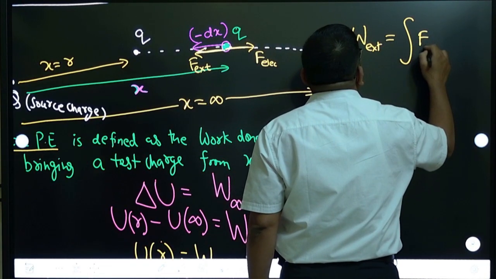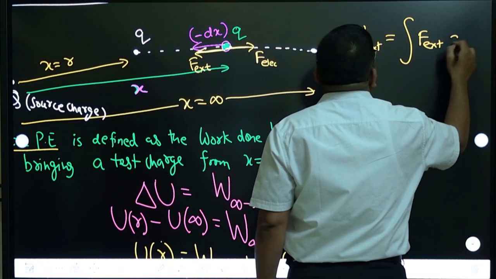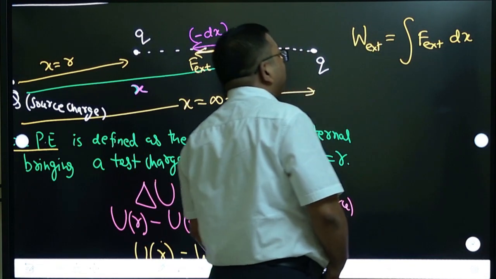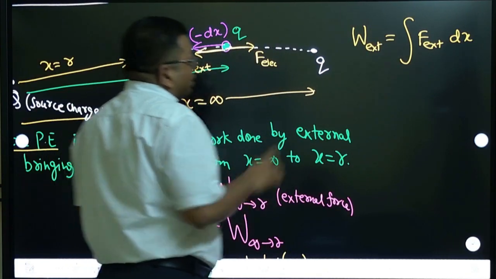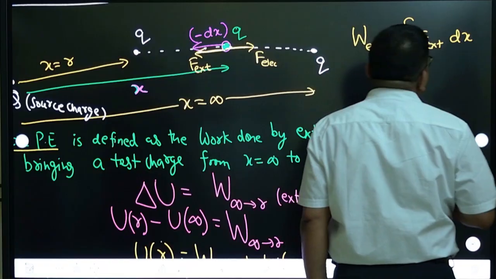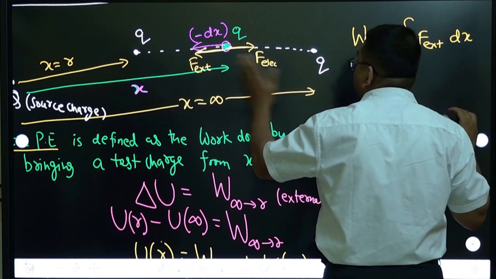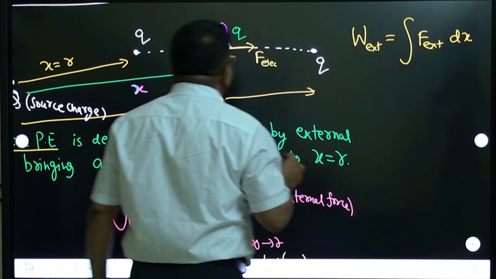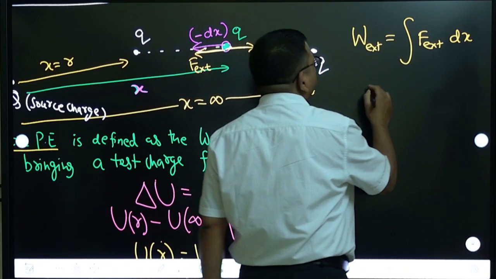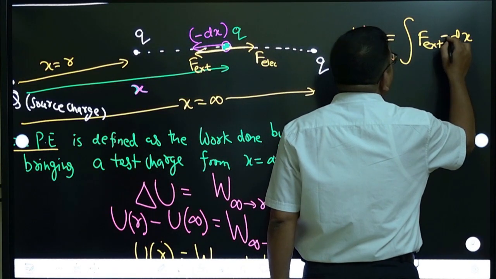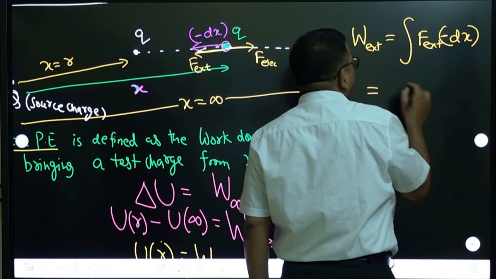the integration of external force into dx. Can we write it? And the external force we should write as minus of the electrostatic force, since it is opposite, and this dx we also have to write as minus dx. Note that.